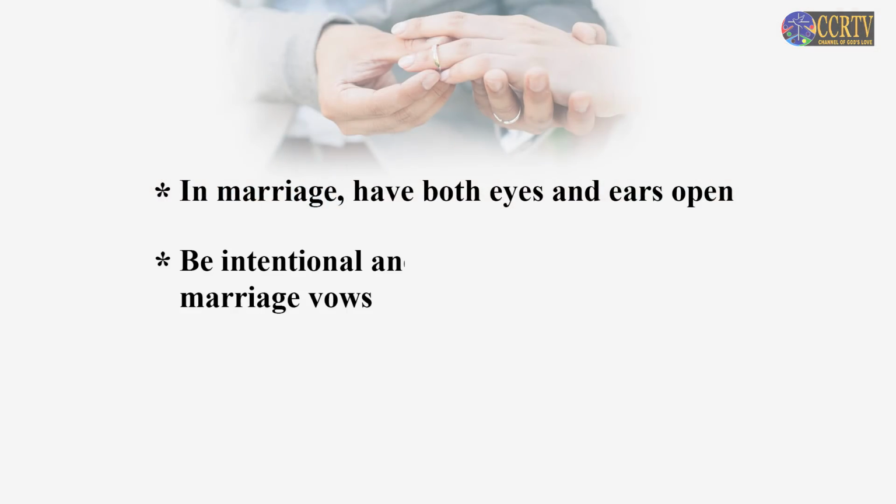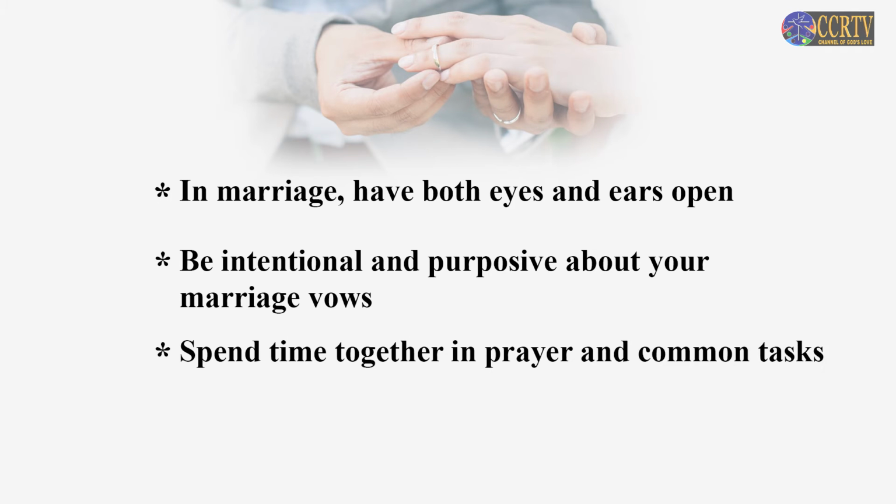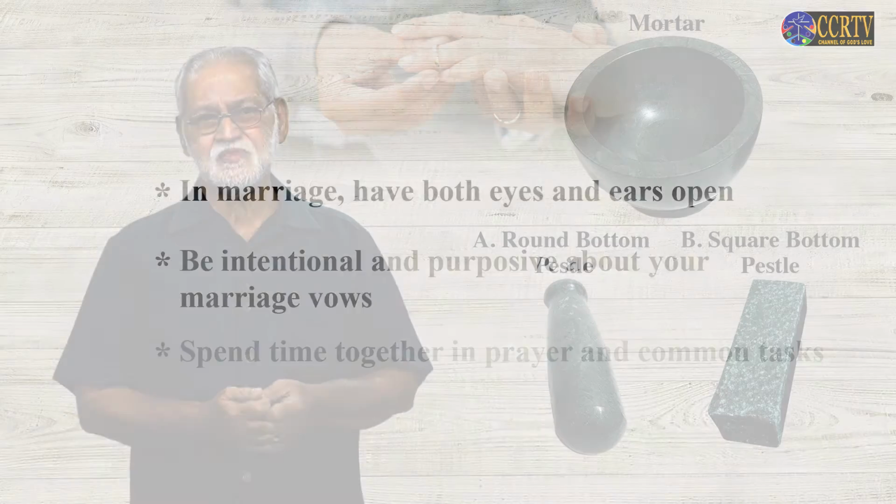Now, aim to be intentional and purposive about your marriage, particularly focusing on your marriage vows. Spend time together in prayer and common tasks. That will help you to avoid becoming square pegs in round holes.